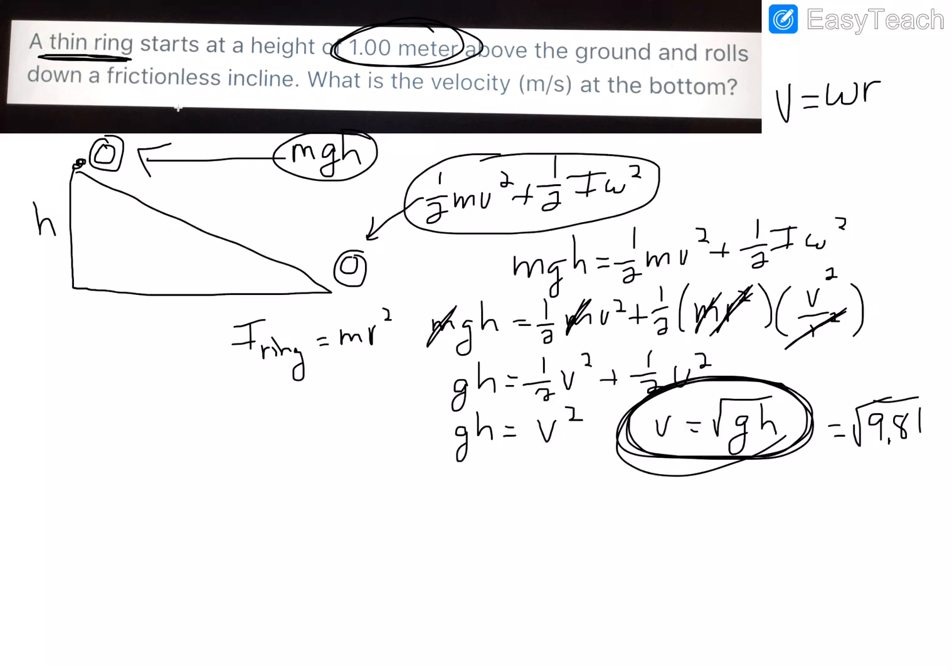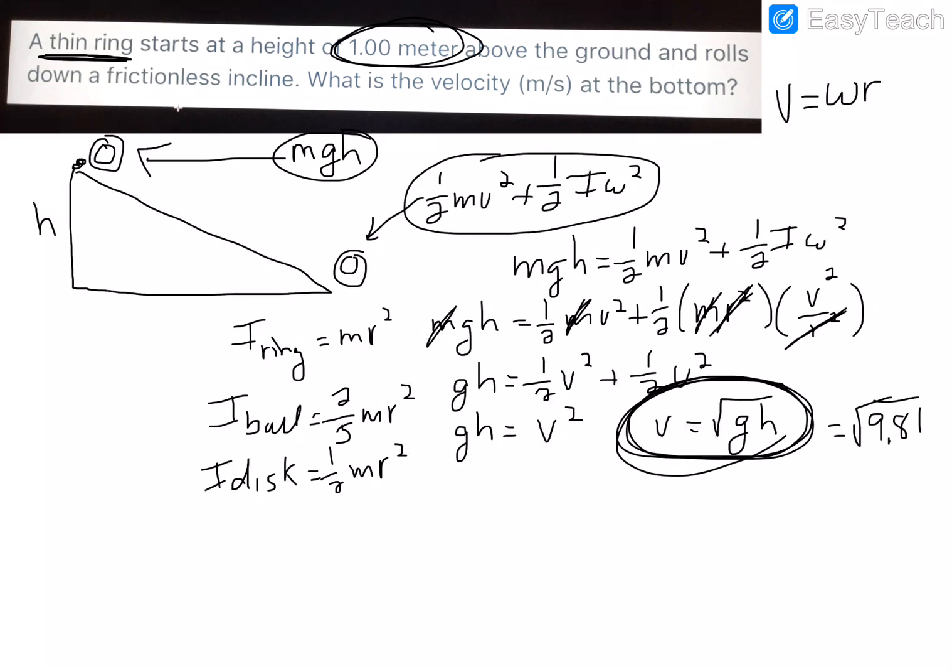Okay, so what I want to do is, how would this change if we had, say, a ball? So the I of a ball is 2/5 mr squared. And what if I had a disk? A disk is 1/2 mr squared.